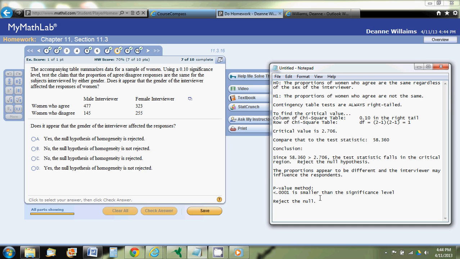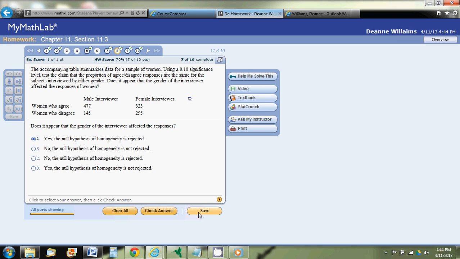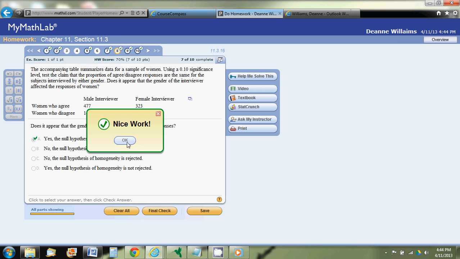Those two methods should be consistent. We can see that they are. Okay, so we would say, does it appear that the gender of the interviewer affected the responses? Yes, because we rejected the homogeneity. Okay, hope that helps.